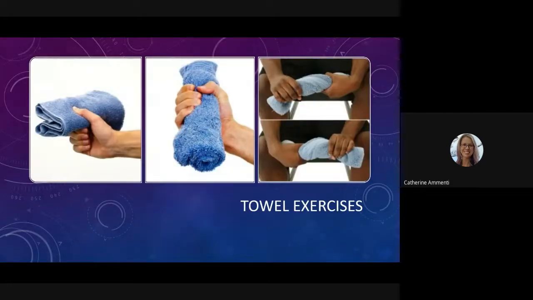Towel exercises. Remember in that video we just watched, he asked the patient if she had something that she could utilize for exercise at home. She had a dog leash. So the dog leash was very handy for helping to stretch the ankle. We can also utilize a towel or a washcloth for gripping activities and pinching activities.